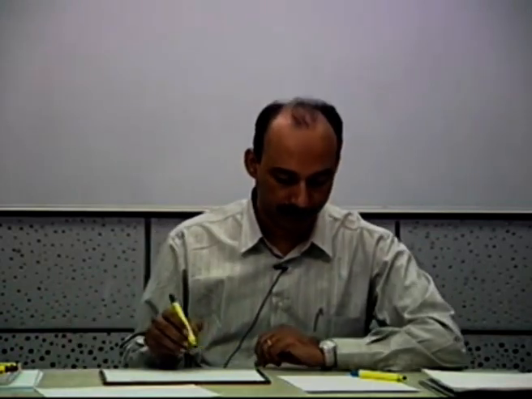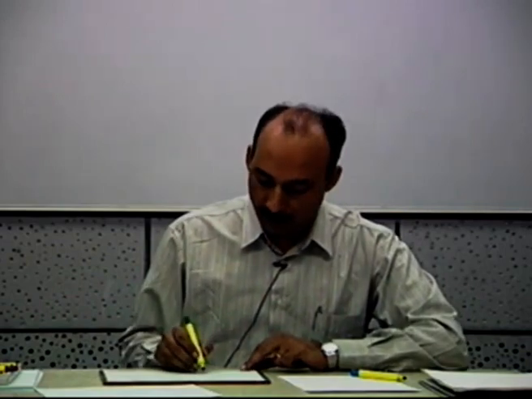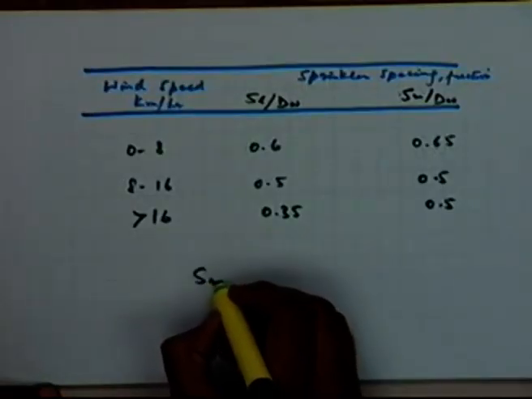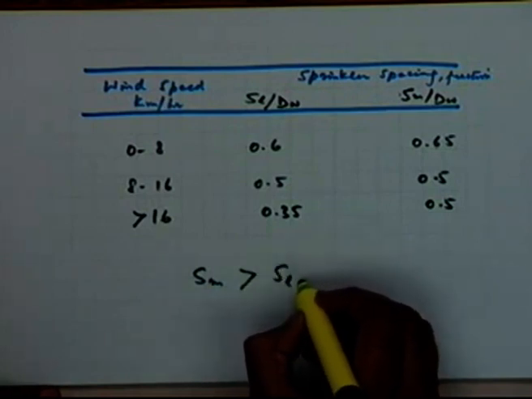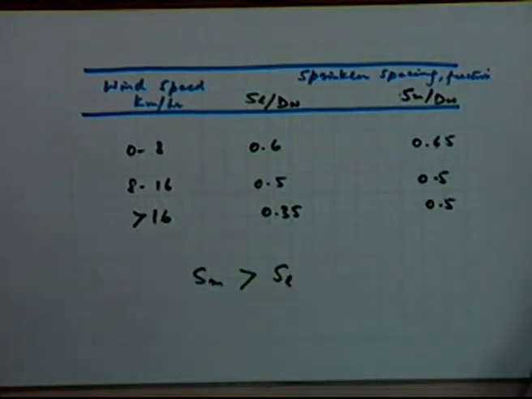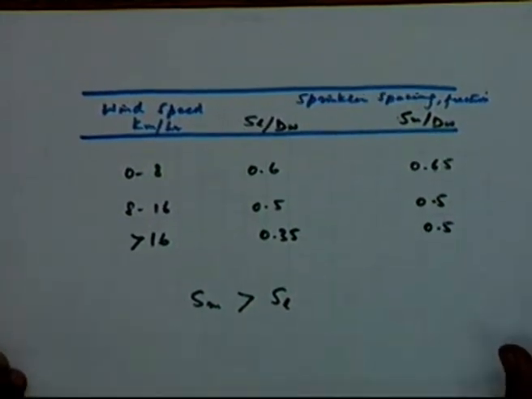SM. In general, you will find that the main line spacing is invariably larger than the lateral spacing. Why is that so? This is again because of the economic constraints.